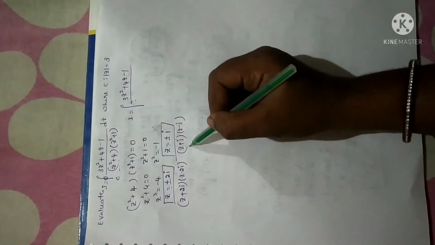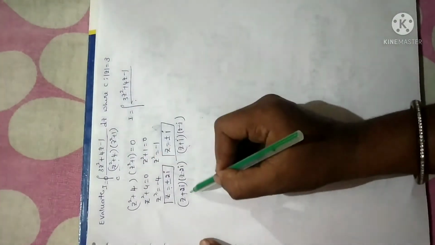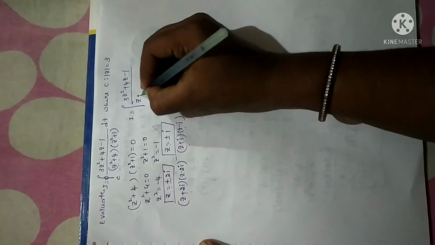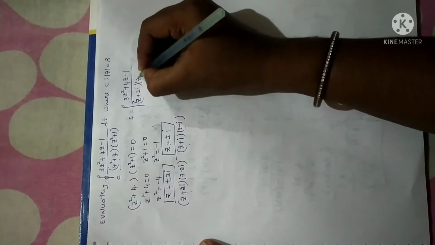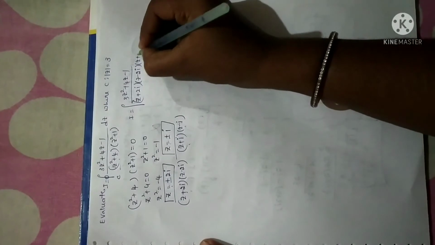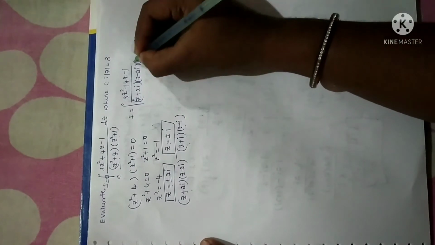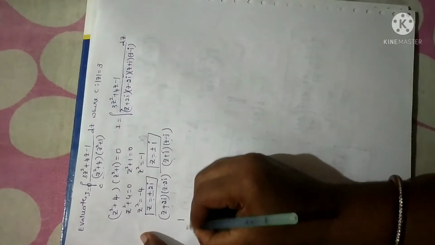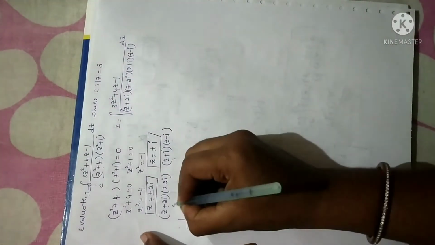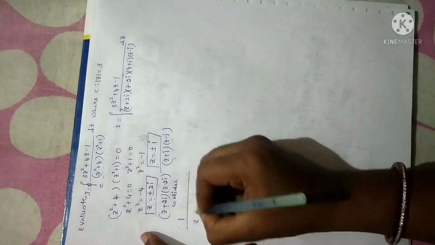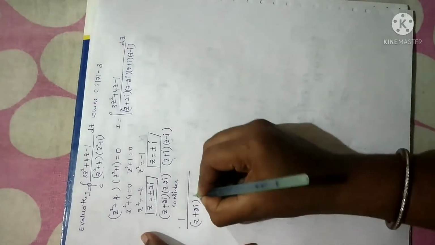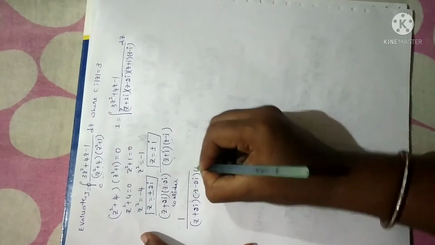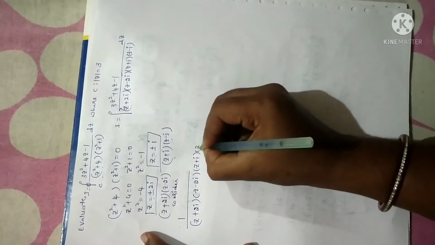I have factorized this into two terms, so I can write it as the product of these four terms: (z plus 2i) into (z minus 2i) into (z plus i) into (z minus i) into dz. So I have written the given problem by using factors. Fine. Now let me consider the denominator of the fraction: 1 divided by (z plus 2i) into (z minus 2i) into (z plus i) into (z minus i).